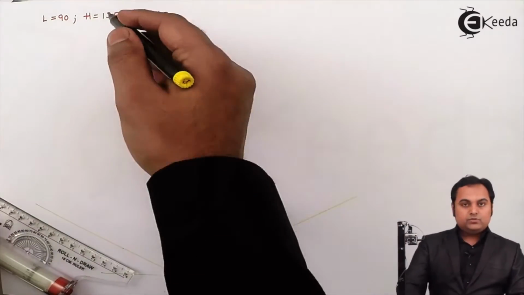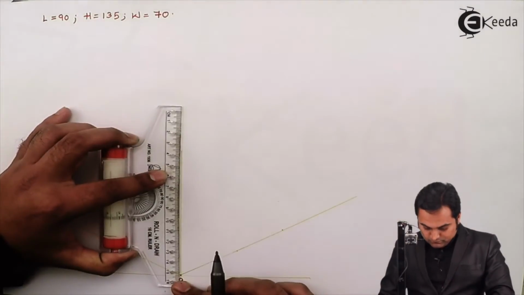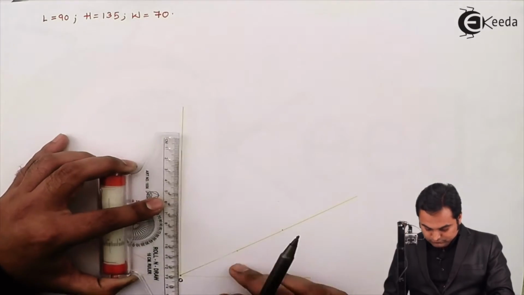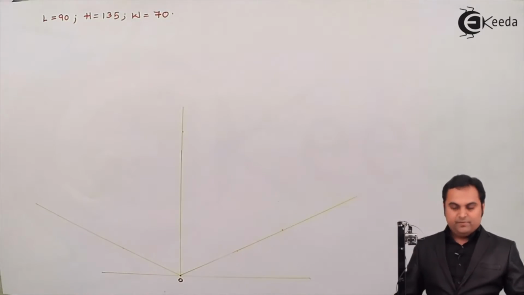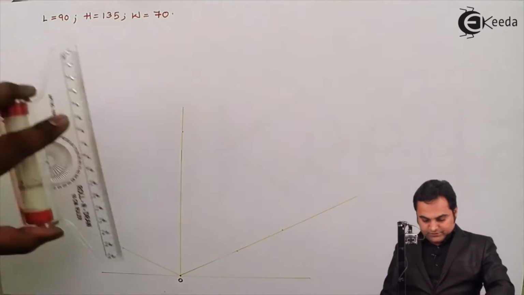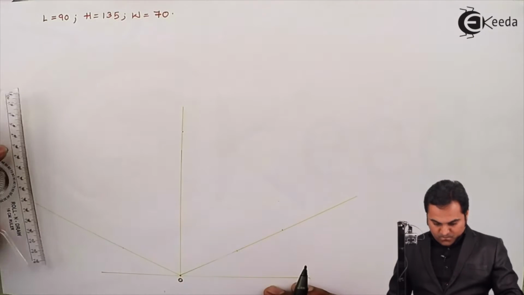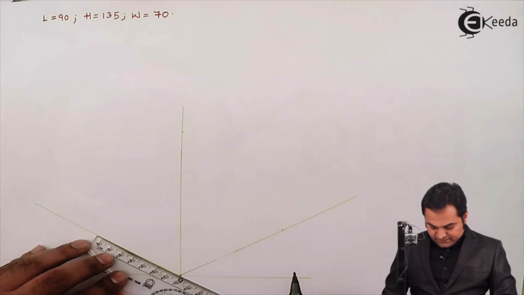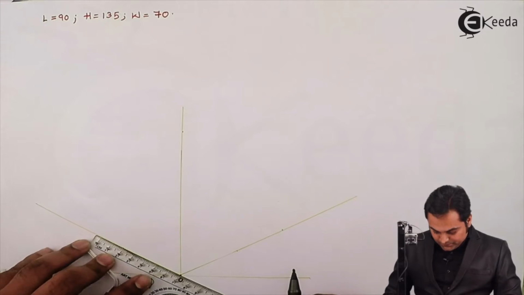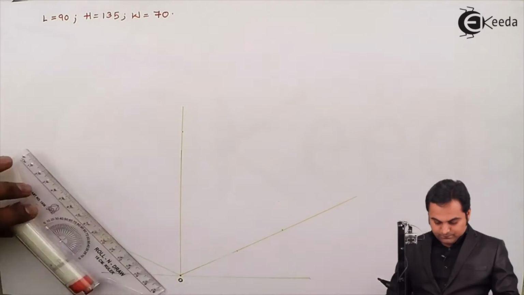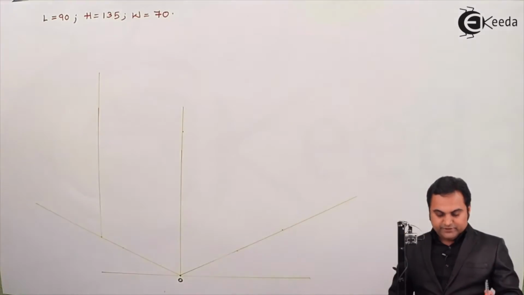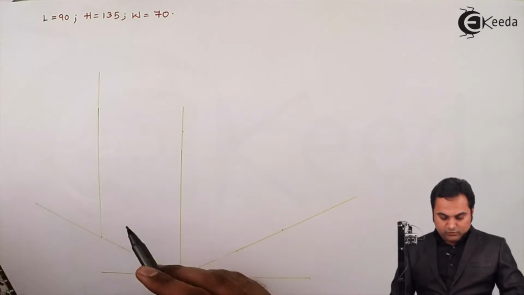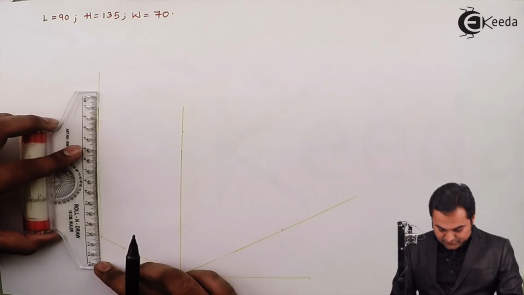Then the height is 135. So measuring 135 mm from here. Next, the width is 70 mm, which I am marking on this side as the length is here. Drawing a light line. Next, I'll mark 135 over this vertical line as well.